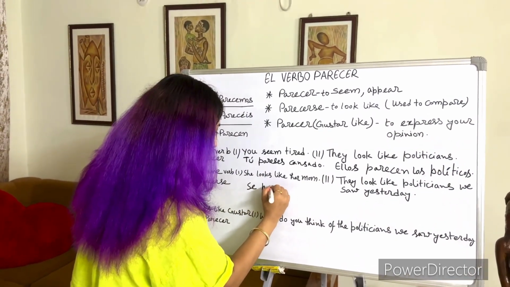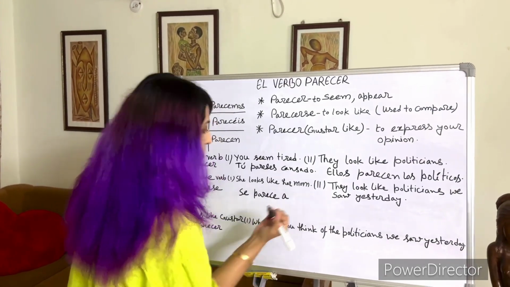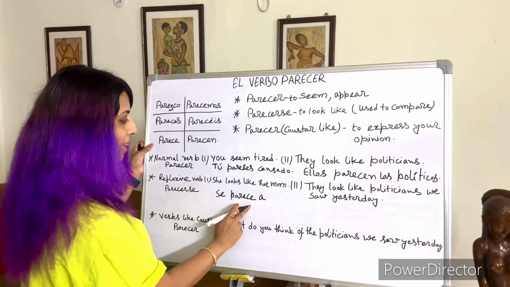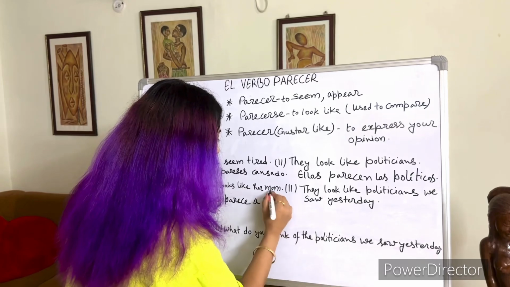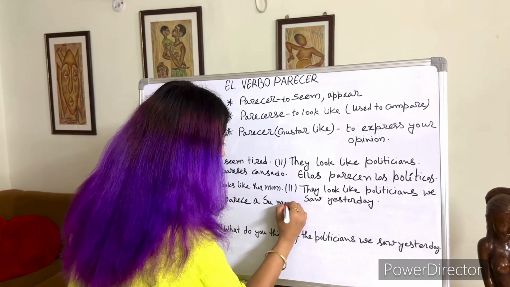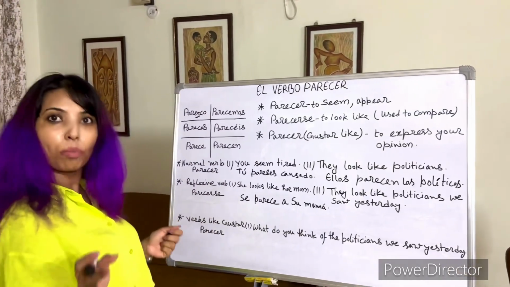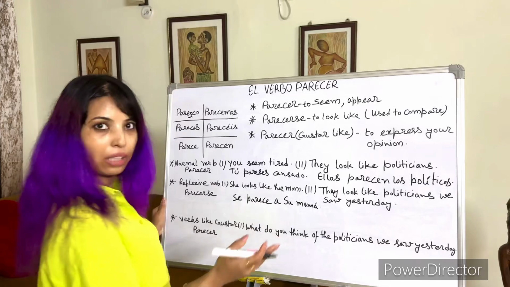Se parece, and then the preposition a. Se parece, her is su, mom is mamá, or madre. Se parece a su mamá. She looks like her mom.